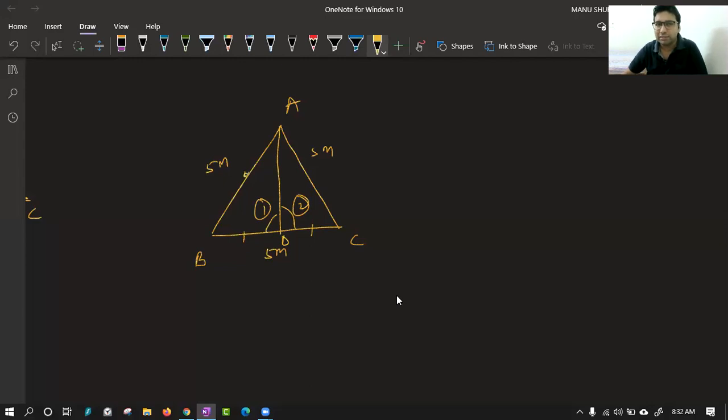This equal to this is common, this equal to this. So we can say by CPCT 1 equal to 2 and we can say 1 is 90 degree. So I'm just giving you a hint why equilateral triangle is so special. In this case, the altitude, the perpendicular bisector, the median, they all are same.